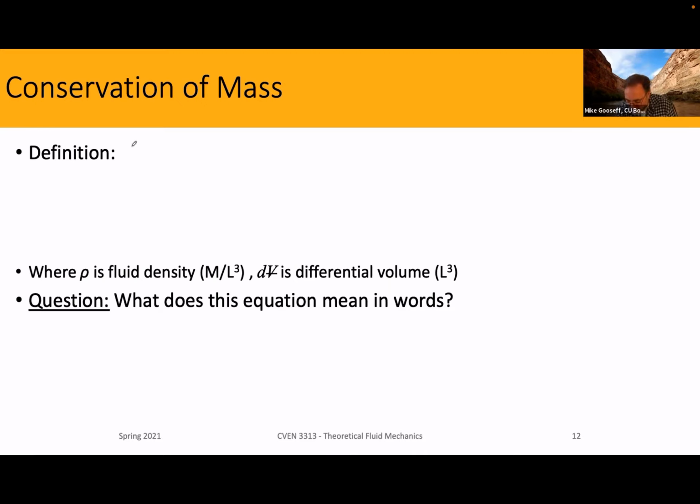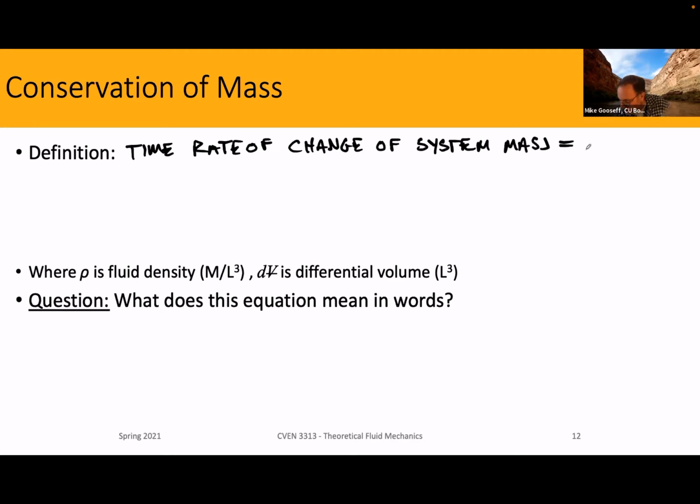So the definition is that the time rate of change of system mass is equal to 0, or doesn't change essentially. We can write that as d m_sys dt equal to 0.